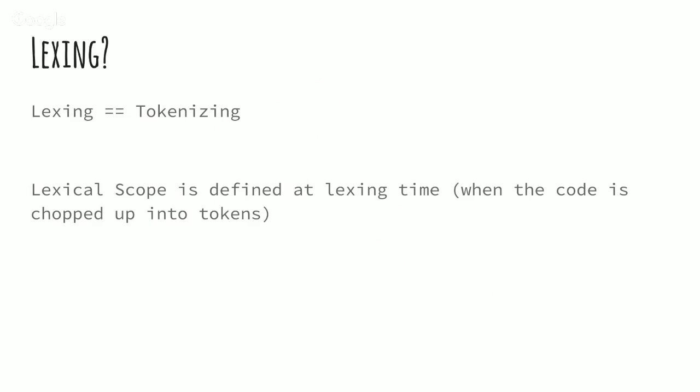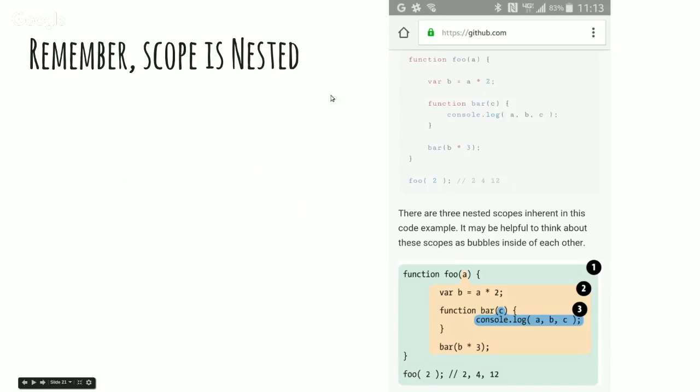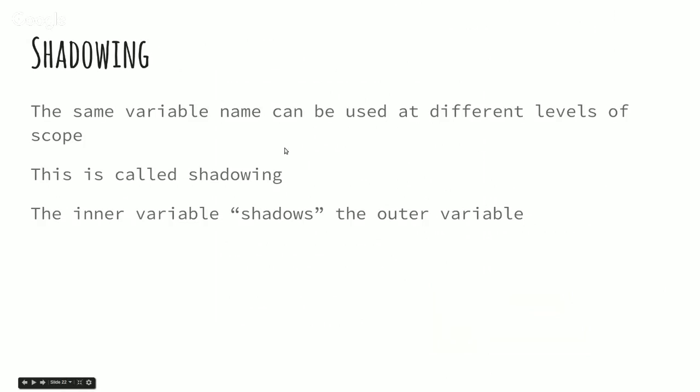Okay, so lexical scope is defined at lexing time, and lexing time is the time when the code is chopped up into tokens, that first step in the compiling. There was a reminder that scope is nested. I kind of skipped ahead to shadowing here.